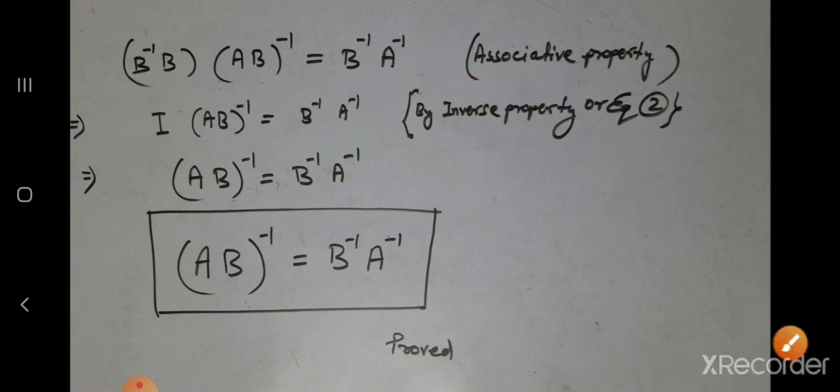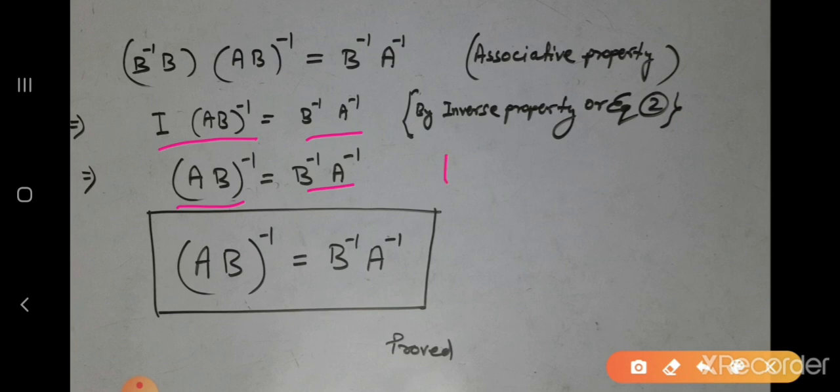The identity property is that you apply I with this matrix, that will be this matrix, and the right hand side will be the same. So we apply the identity property. So we prove that (AB) inverse equals B inverse A inverse.